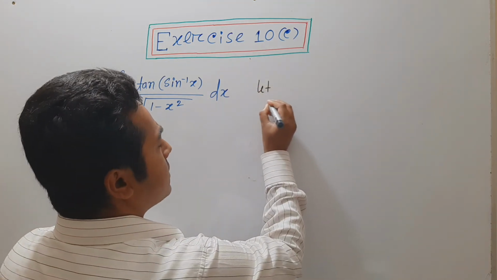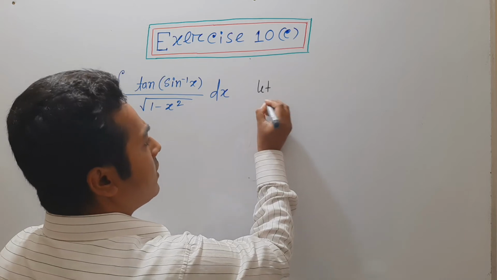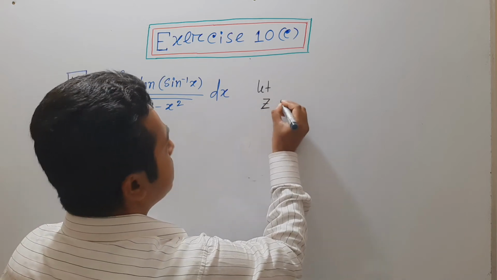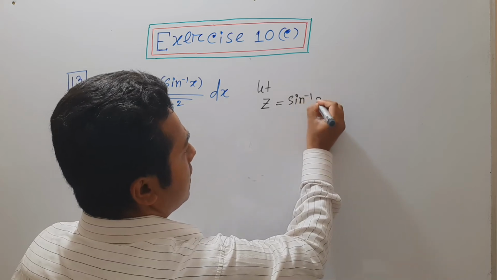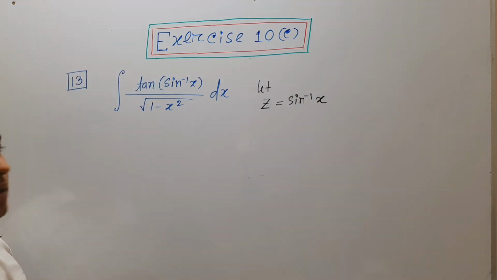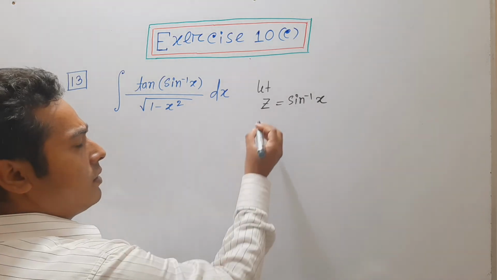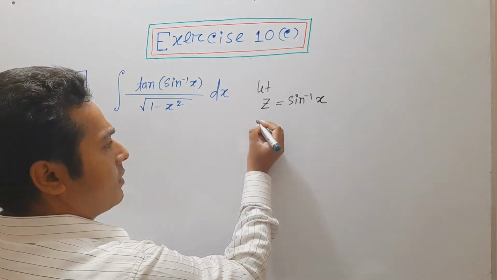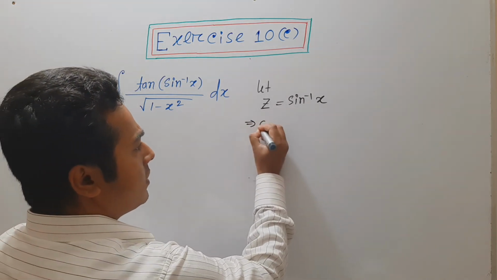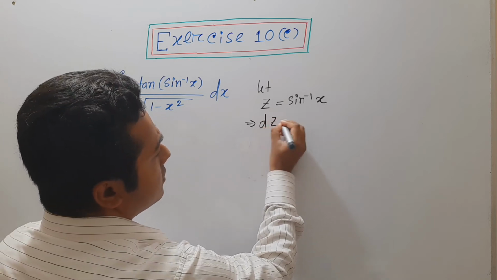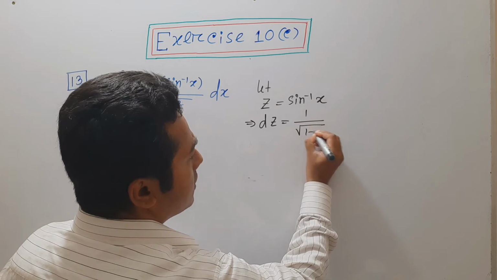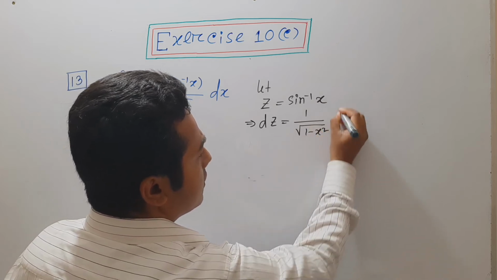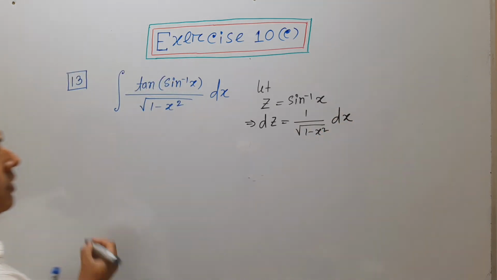Now by the differentiation we get dz is equal to 1 by root over 1 minus x square dx.